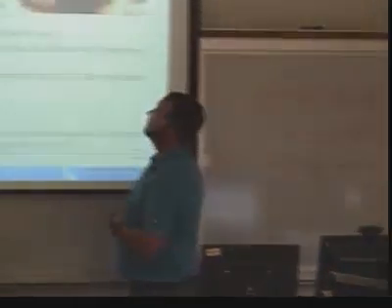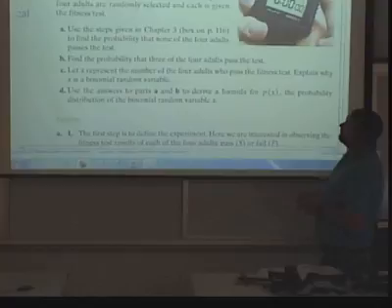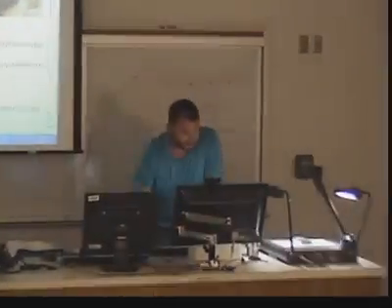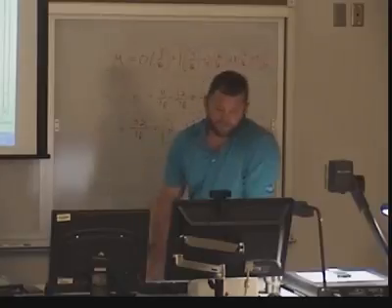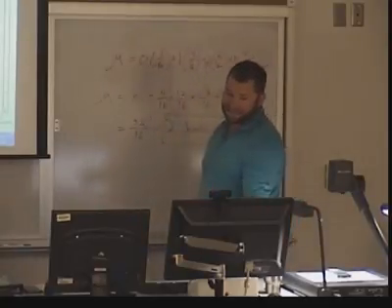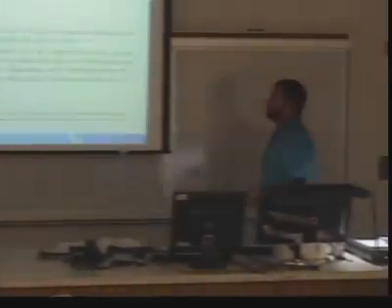We'll change this number. Okay, use the steps given in Chapter 3 to find the probability that none of the 4 adults passes the test. And we'll just go over that. So the first step is to define the experiment. Passing is success. Failure is failing. Next, we list the sample points associated with the experiment.